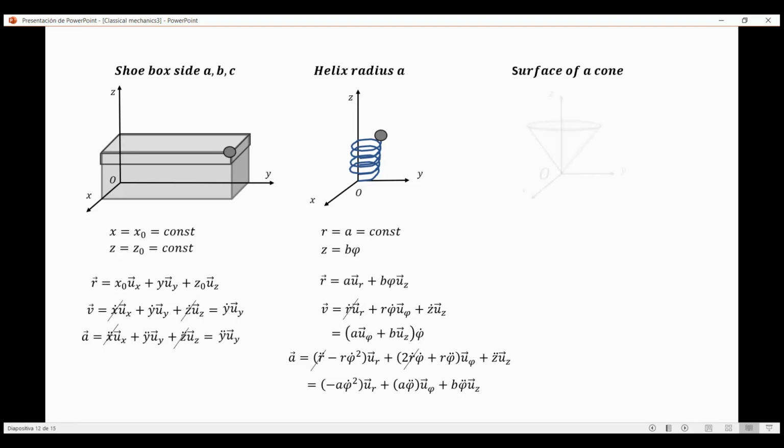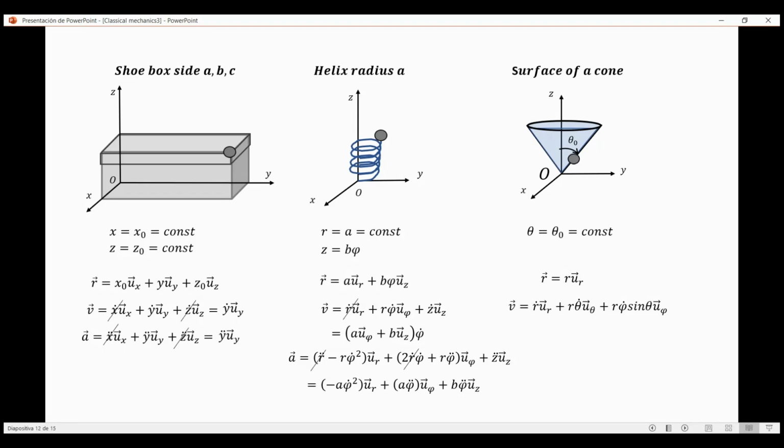And finally, imagine a cone with the angle that one of the sides of the cone forms with the z-axis. Let's call it theta 0. And imagine a particle that can move on the surface of that cone. So this means that theta, the spherical theta angle, is constant, and we have 2 degrees of freedom that are the radius and the azimuthal angle. So the position vector in spherical coordinates is r u sub r.